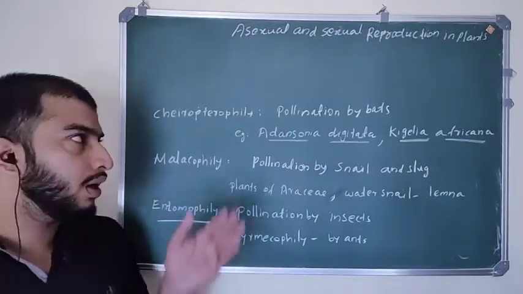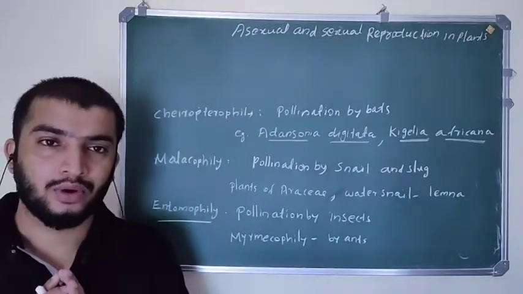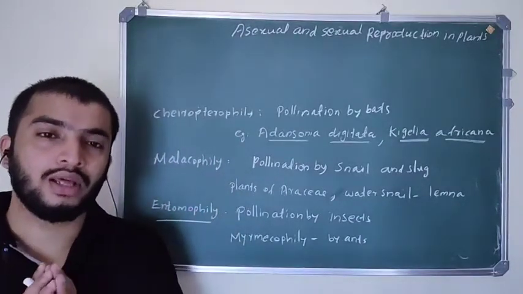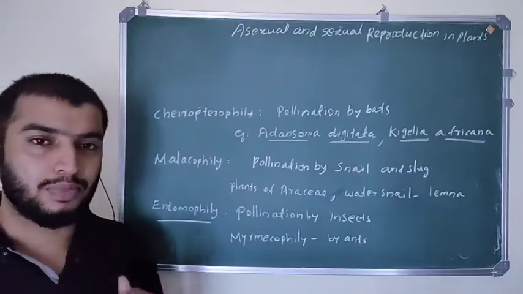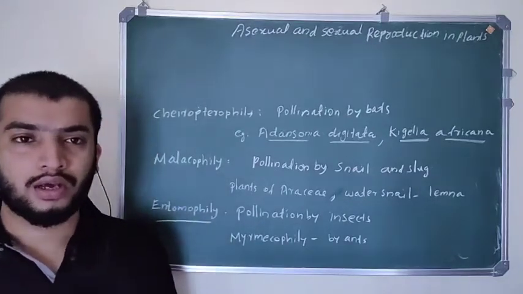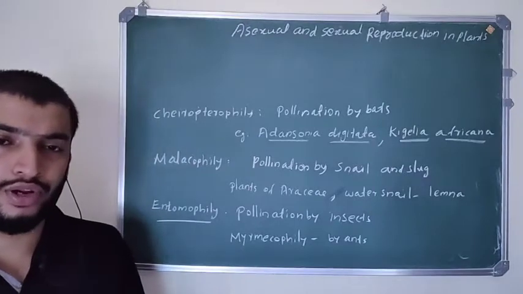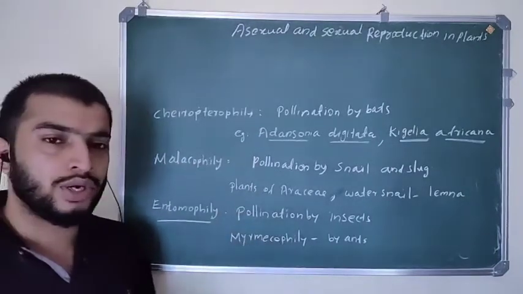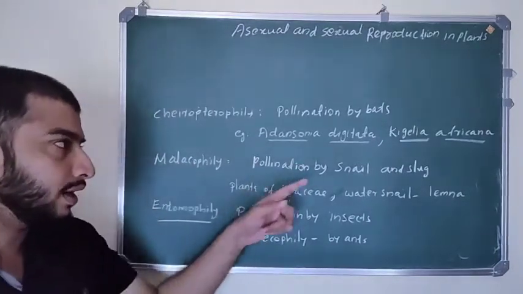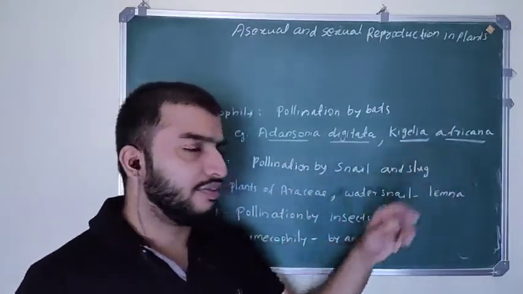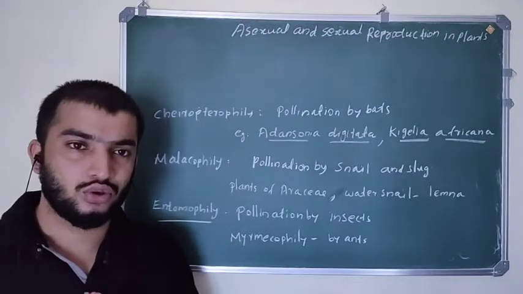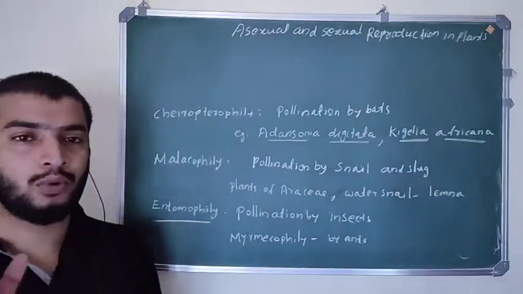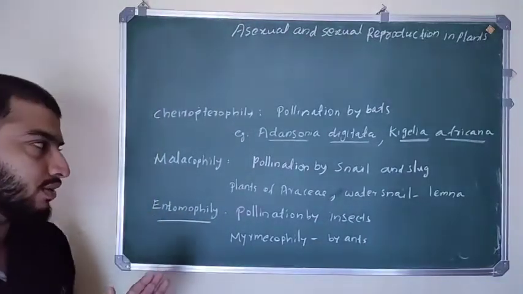Examples of plants which show chiropterophily: Adansonia digitata and Kigelia africana.